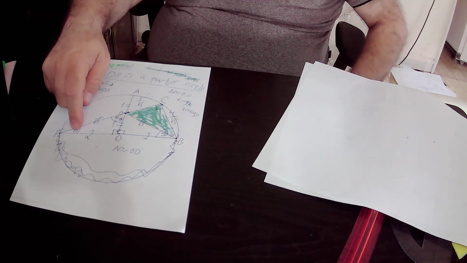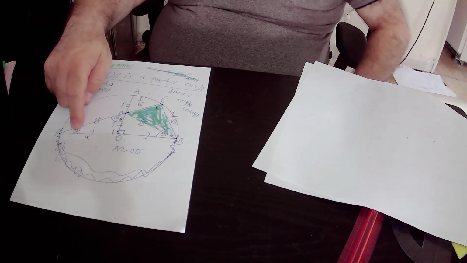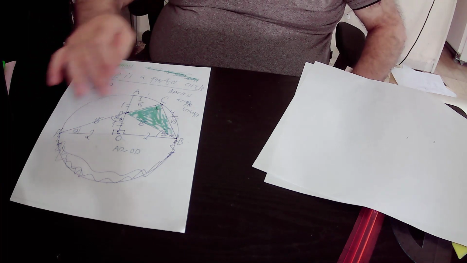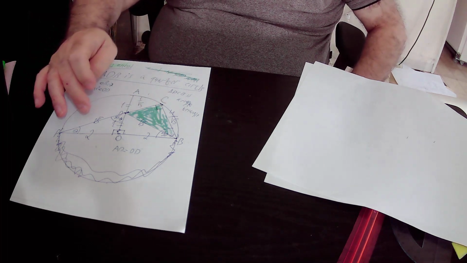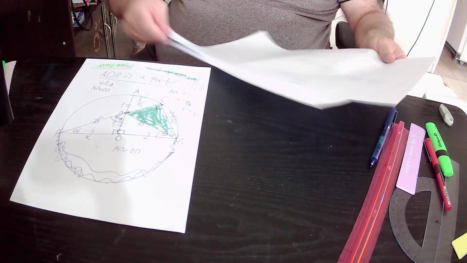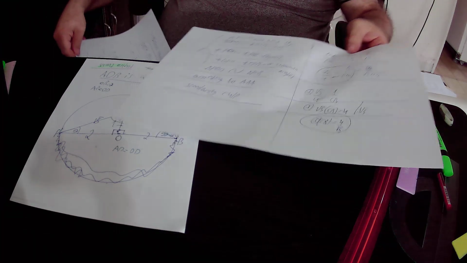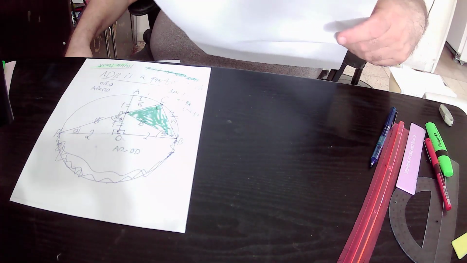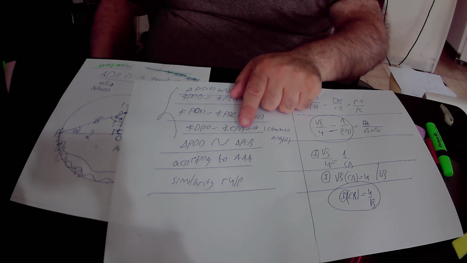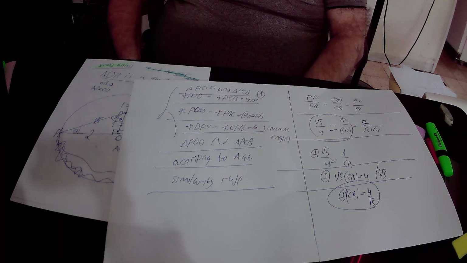And we have a common angle that belongs to both triangles, therefore this angle equals itself. We actually proved that all three angles of triangle PCB are equal to all three angles of triangle PDO. Therefore, triangle PDO is similar to triangle PCB according to the angle similarity rule.